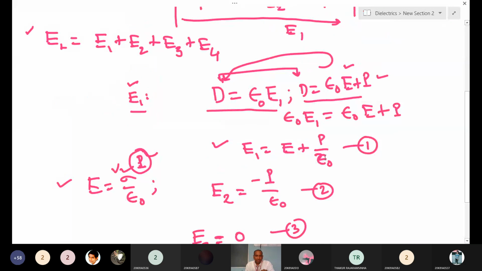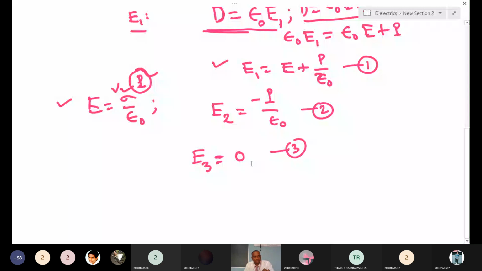For calculating E1, we know D is equal to epsilon E1. And we know the displacement vector D is equal to epsilon naught E plus P. So simply equate these two expressions, then you will find E1. And for E2, the plane capacitor electric field is given by sigma by epsilon; just replace sigma with polarization.